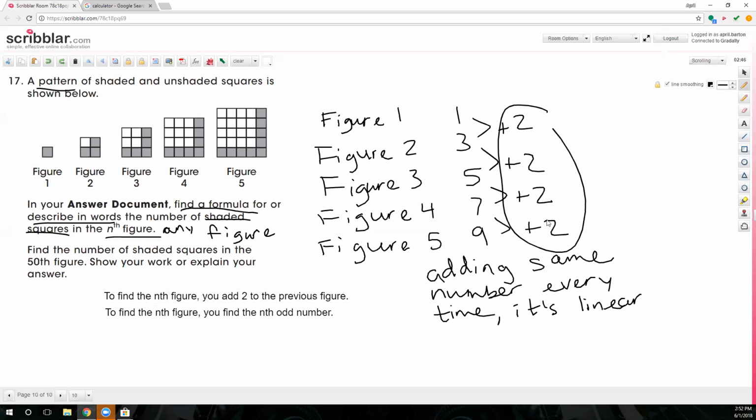But since this is linear, we could actually find the formula. And it's not so bad to find this formula if you have the setup memorized. So for a linear formula, it is the amount of change. That's our plus 2 we have here every time.